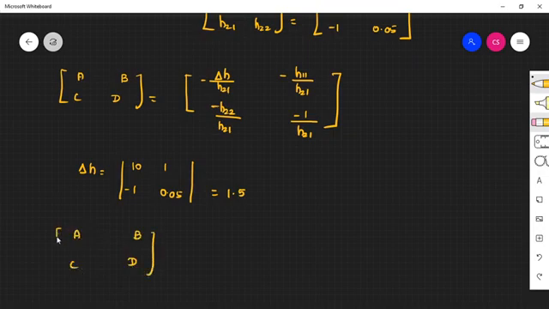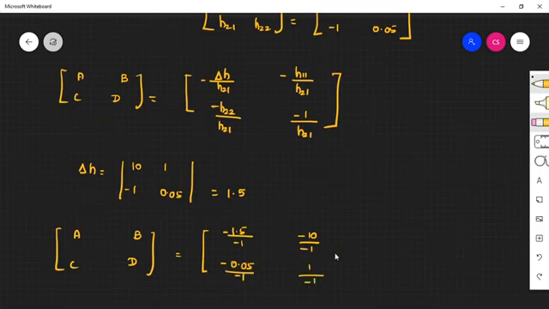So we can write ABCD as minus 1.5 divided by minus 1, minus 10 divided by minus 1, minus 0.05 divided by minus 1, and minus 1 by minus 1.